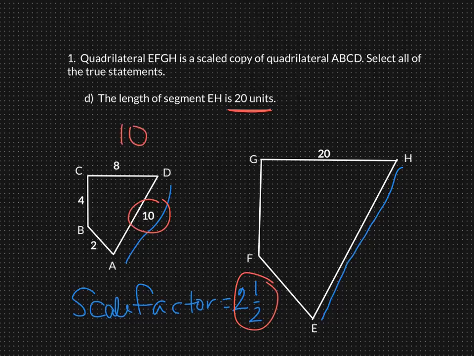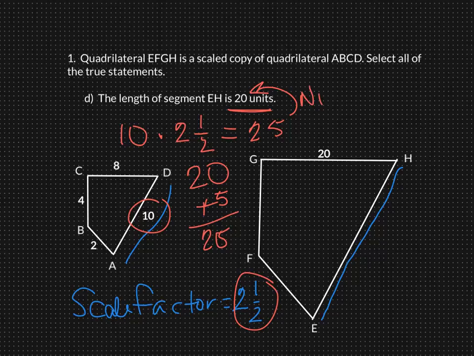So 10 times 2.5 equals, well, 2 times 10 is 20, and 10 times 1/2 is 5. So that's, of course, 25, which is not 20. So therefore, this one is also incorrect.